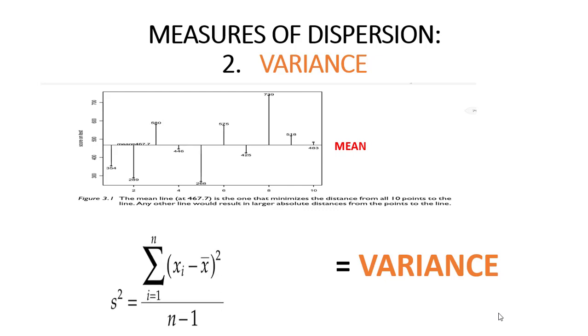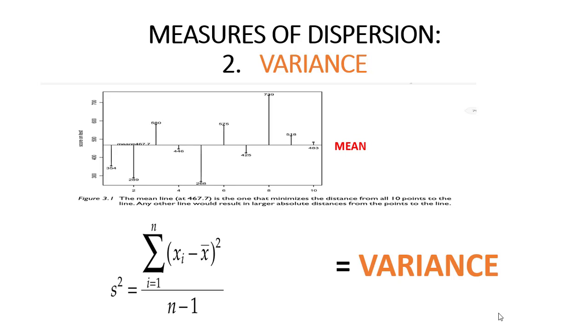Now, the way we define variance, we use the symbol s squared, and it's basically the sum, this is the Greek sigma letter here, of all the values that I have minus the mean that I found, squared. This is so that I avoid getting a negative number.